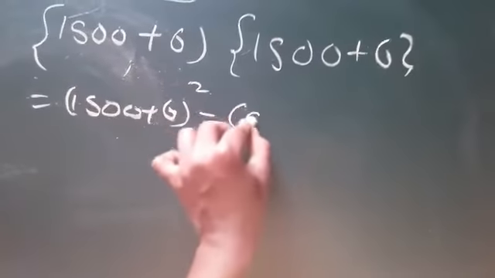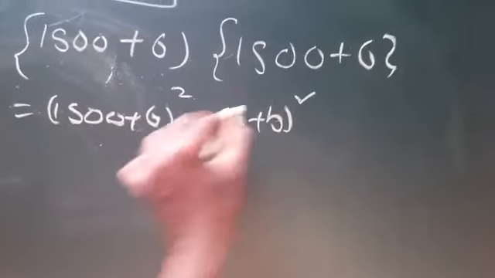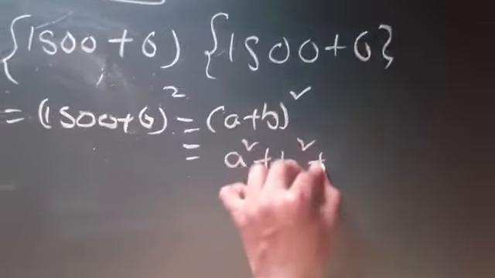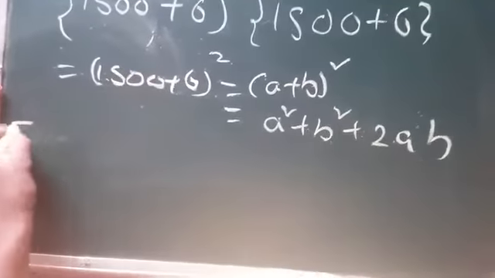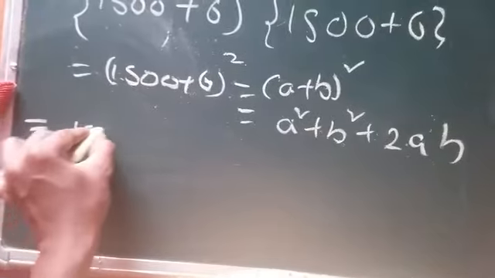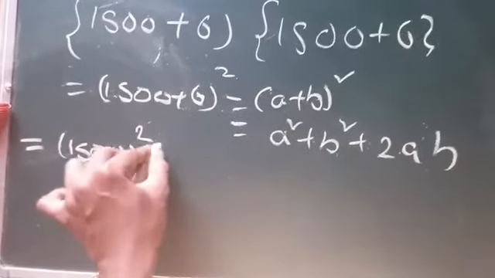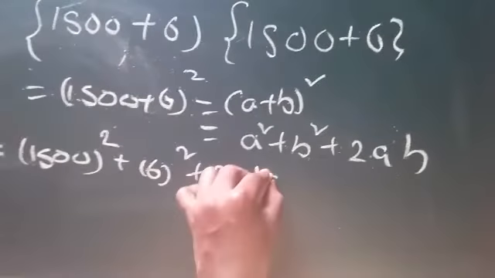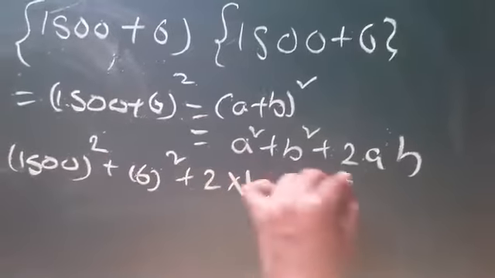That means this is in the form of a plus b whole square. The formula is a square plus b square plus 2ab. Here a is 1500, b is 6. Substitute in the formula: 1500 whole square plus 6 whole square plus 2 into a 1500, b 6.